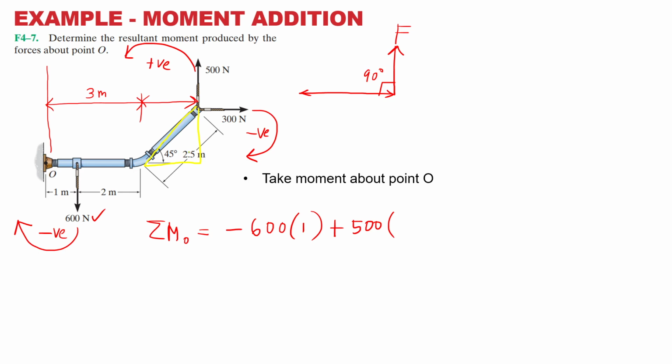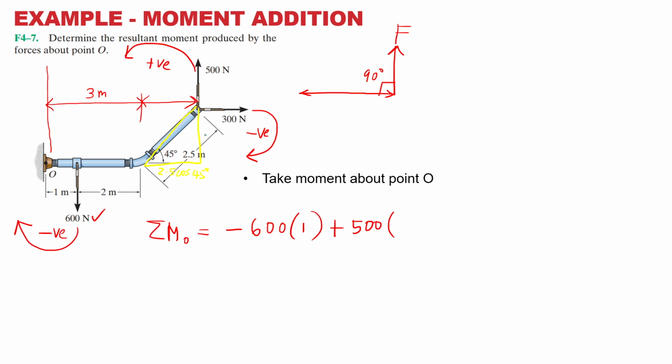So, ini adalah 2.5 cos 45 degree. Kuning tak nampak hijau. Where is my pen? Okay. I cannot even see the cursor. 2.5 cos 45.